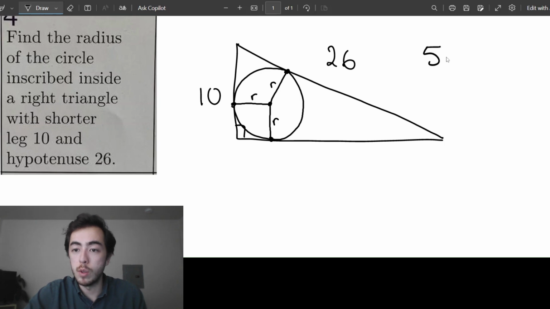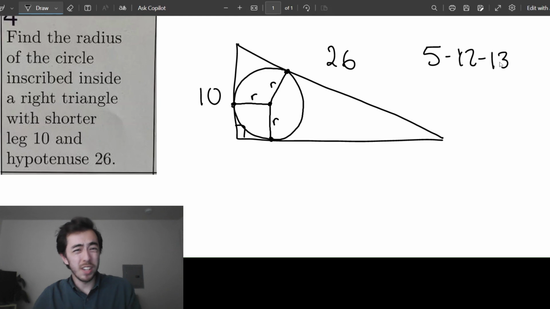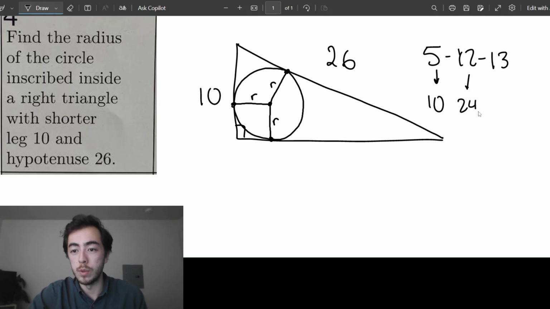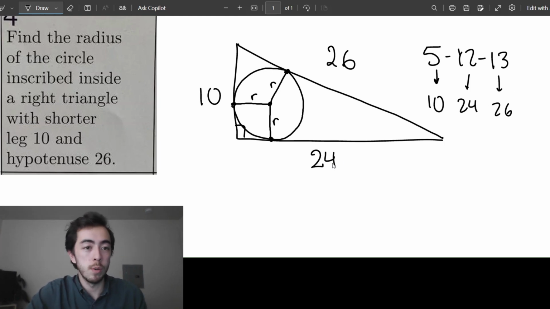The 5, 12, 13 right triangle is a pretty common Pythagorean right triangle. And this one's proportional to it, because if you multiply all the sides by 2, we get 10, 24, and then 26. So I do know that this number is 24 without needing to go through all those calculations.